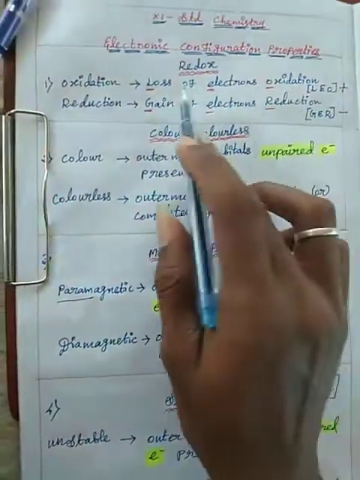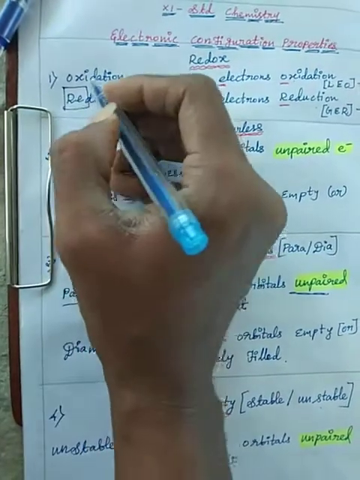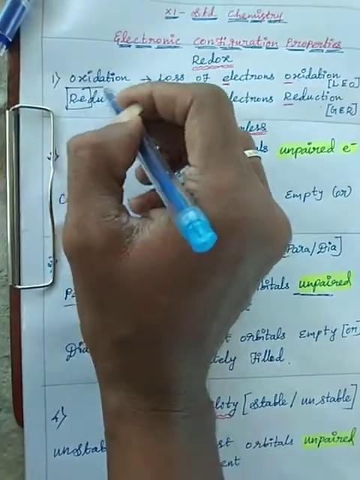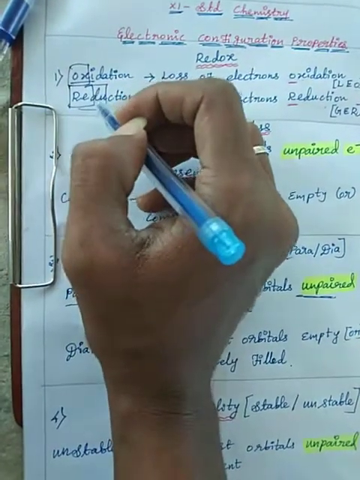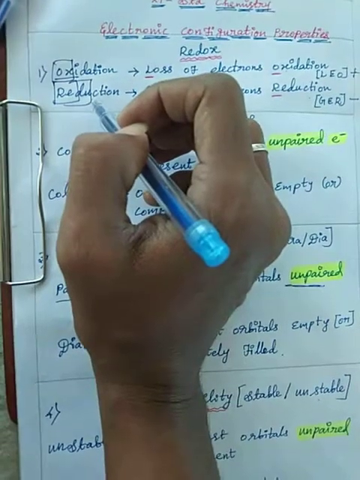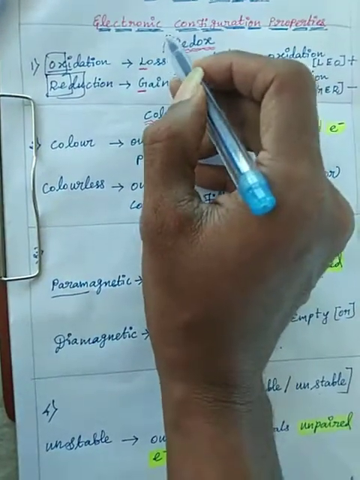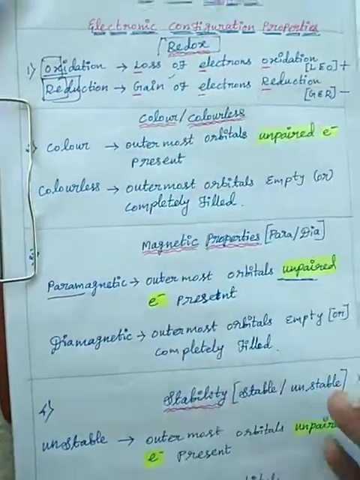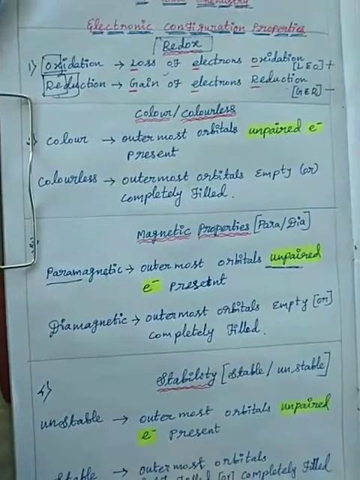That is the first property. Reduction, remember re, and next ox. For some metal ions both are possible: loss of electrons possible, gain of electrons possible, called a redox reaction. Red plus ox, redox reaction.